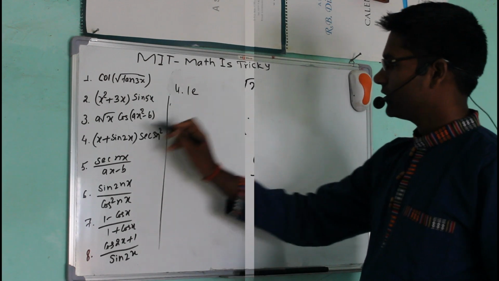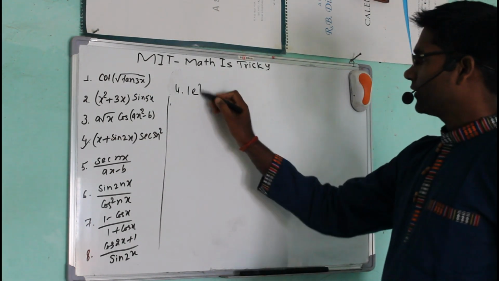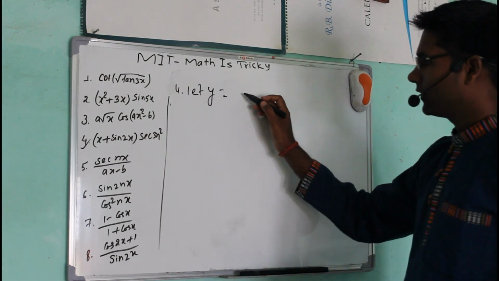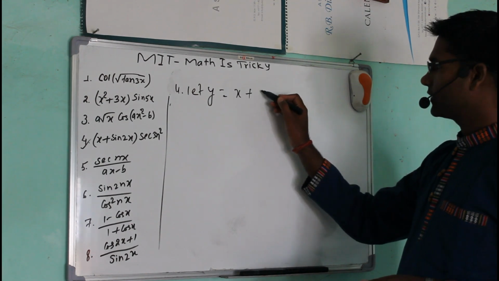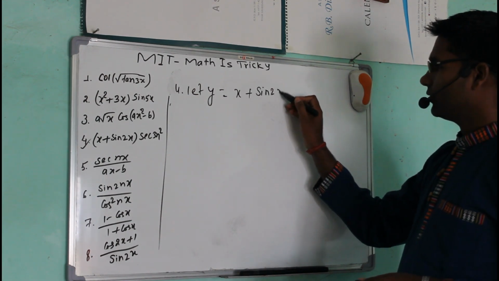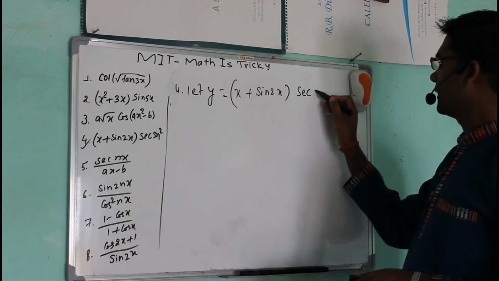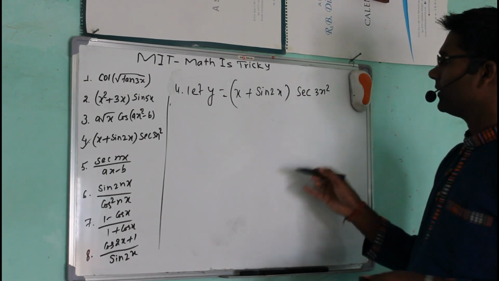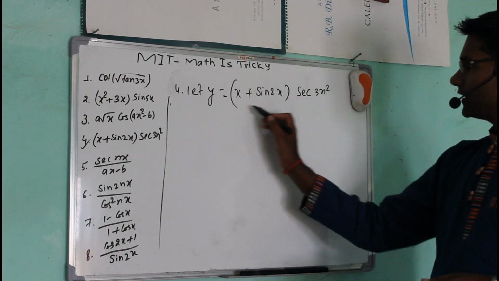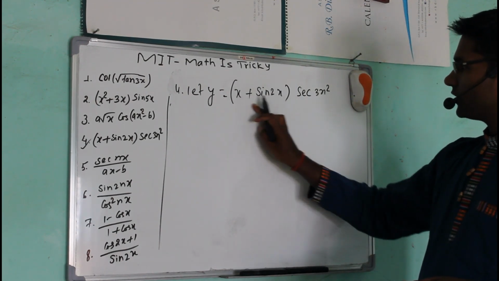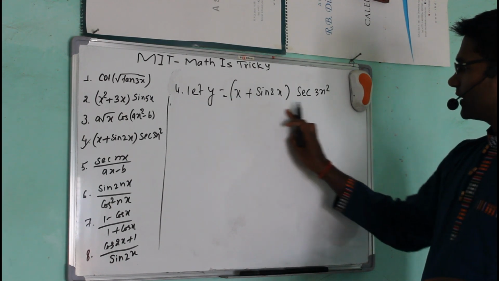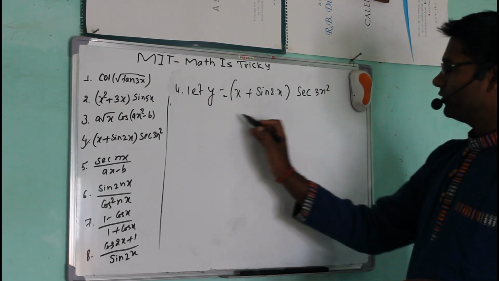We are doing question number 4. Let y equals x plus sine 2x times sec 3x square. Again we can see the given function is in the form of a product, where two functions are being multiplied, so we'll use the product rule.